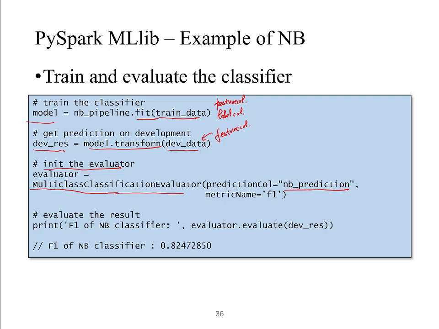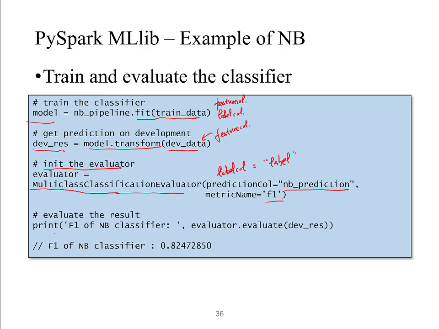The label column is by default "label", so we omit it here, but you can write it just in case you have a different column name. And for the metric name, we use F1 as we have introduced before.